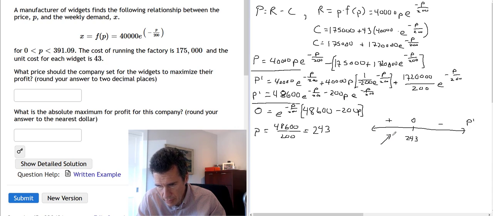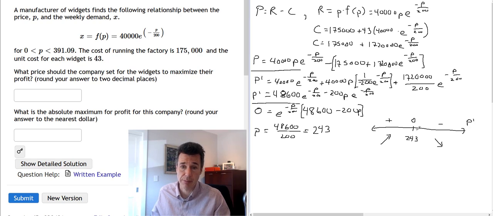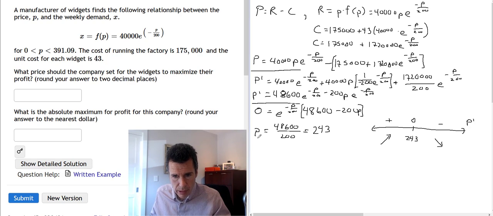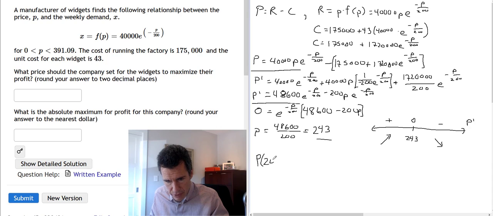We're increasing, then decreasing, so this represents a local maximum, and because we have an open interval, it's an absolute maximum. So we know the price is 243.